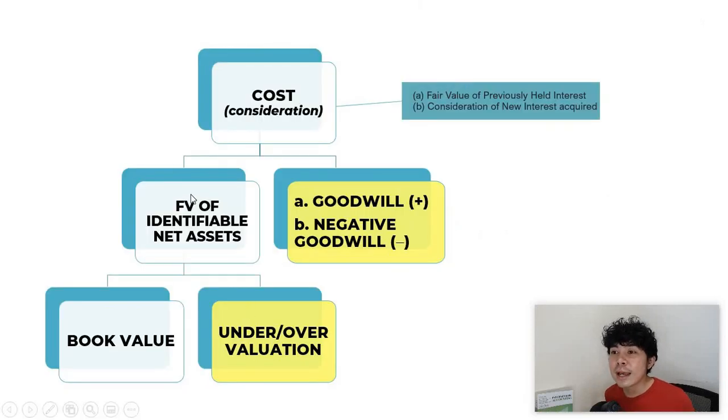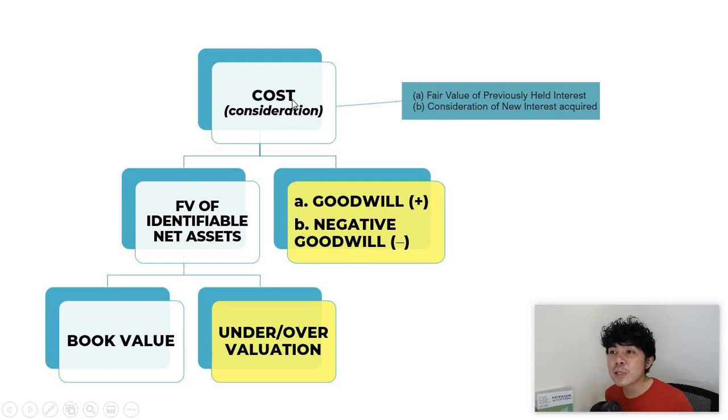So ngayon, etong fair value of identifiable net assets, na-compute na natin, tapos na-compute na rin natin itong cost or consideration, which includes yung fair value ng previously held interest at consideration of new interest acquired. So, pag kinompare natin itong dalawa, malalaman na natin kung ang difference ba ng dalawa is goodwill or negative goodwill.